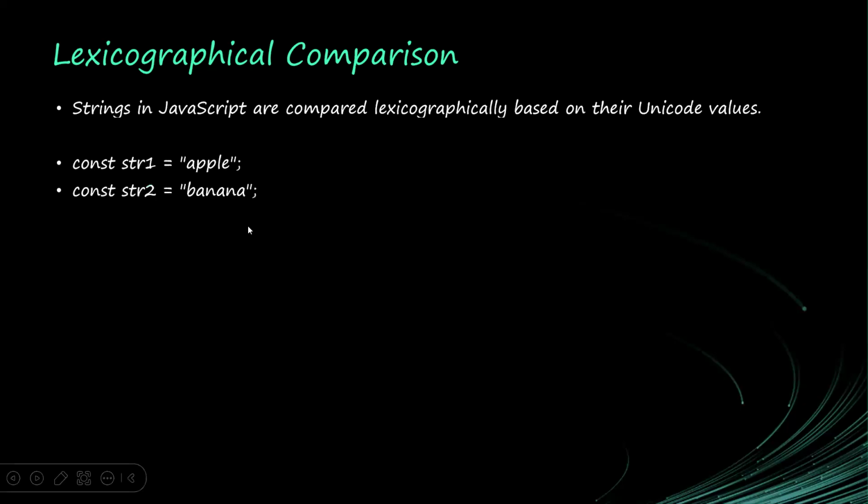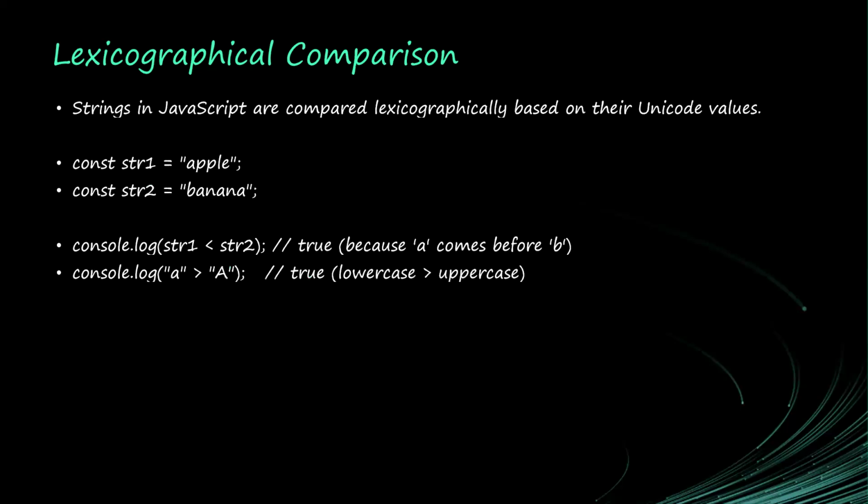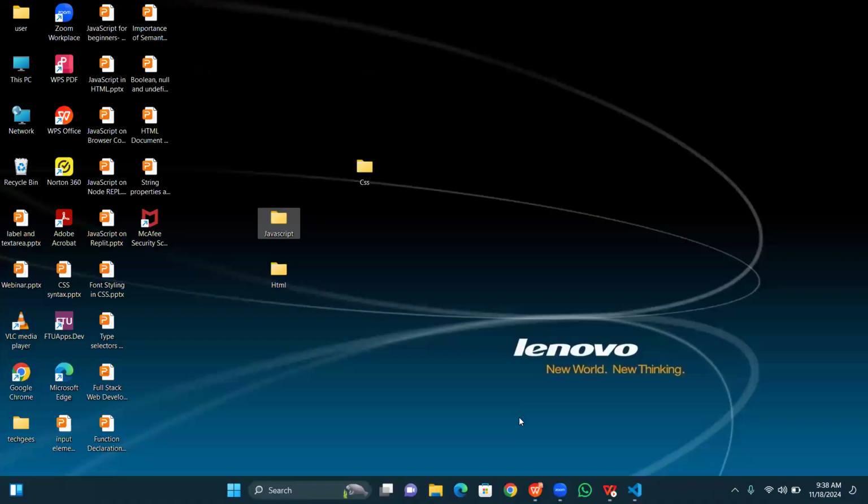So now when we say string 1 and string 2, this is banana, this is apple, right? It is going to check, first of all, A against B. Do you understand? Let me go to code, and I will come back to this, okay?